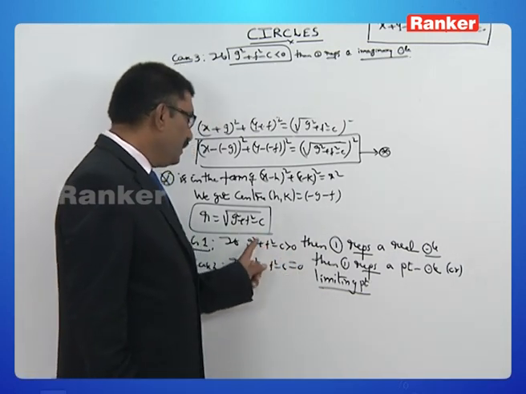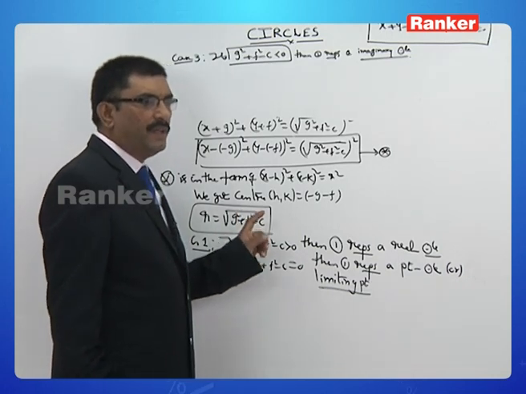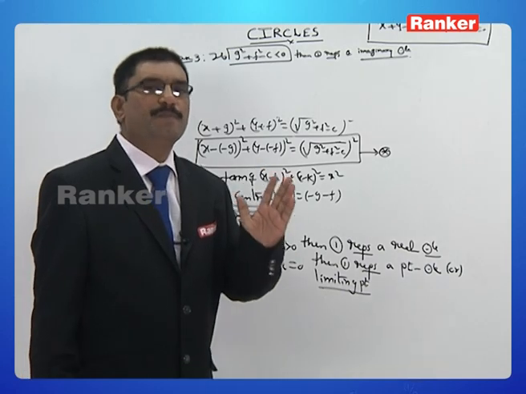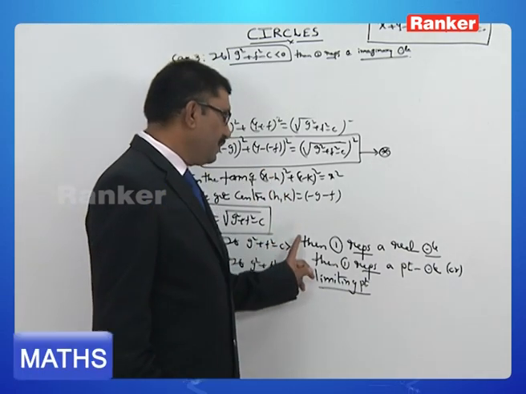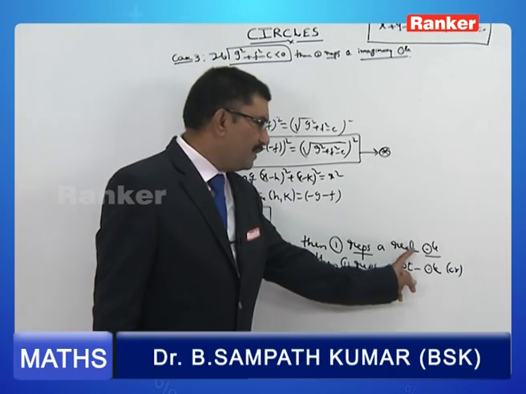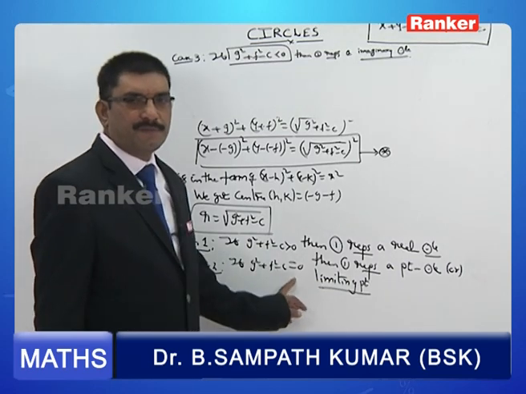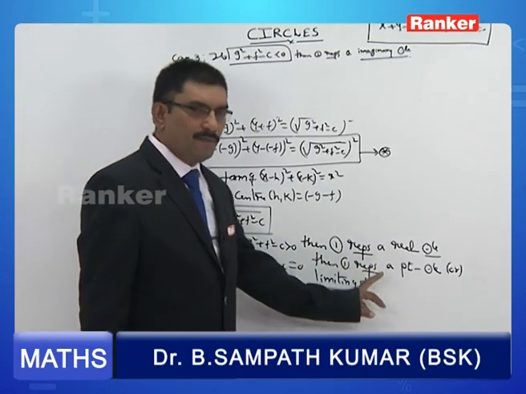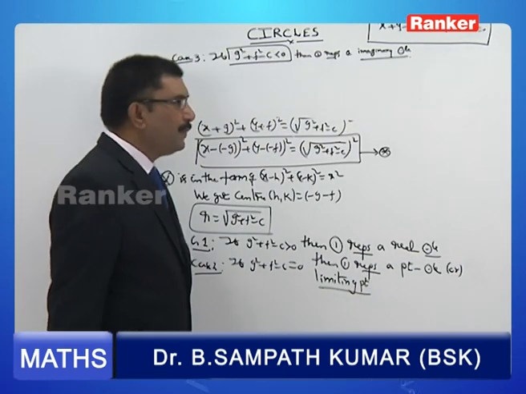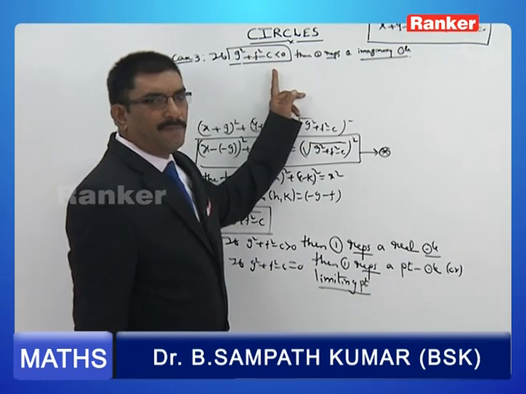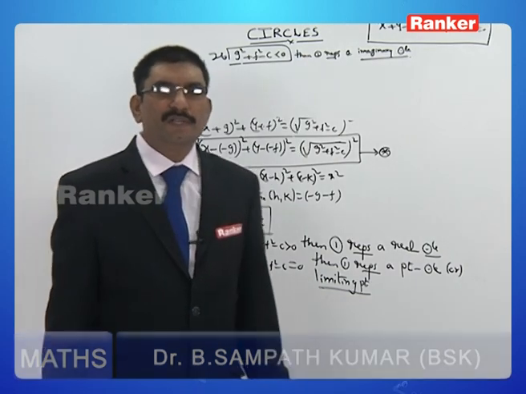Why? Because this is the quantity under the square root. If this is to be defined, that quantity must be positive. If it is equal to 0, then it represents a point circle or a limiting point. If it is less than 0, then it represents an imaginary circle.